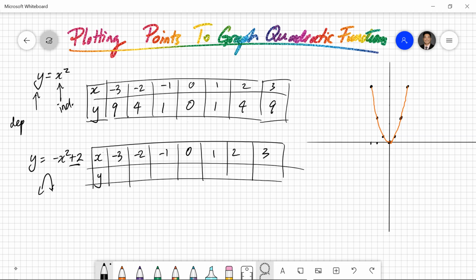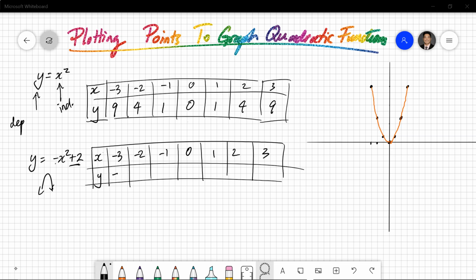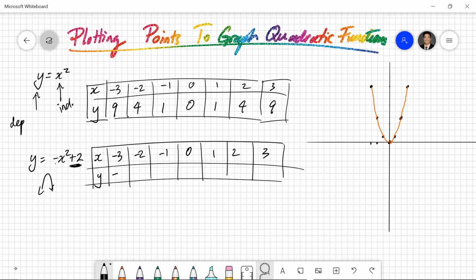Okay, so if x is -3, then squaring that is going to be 9, but we want the negative of that. So we're going to have -9 as our first number. Just to correct that, because we haven't added the 2 after that. So -9, negative 9 plus 2 is equal to negative 7.